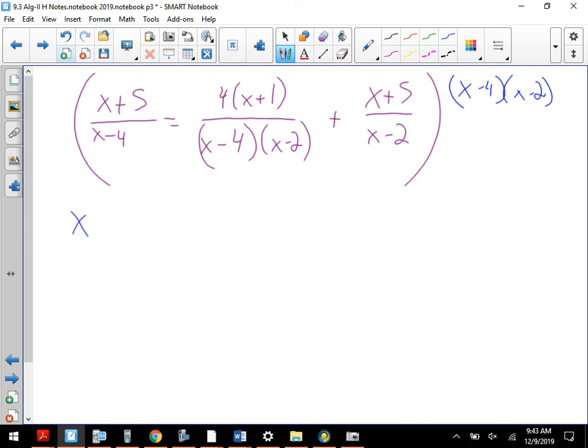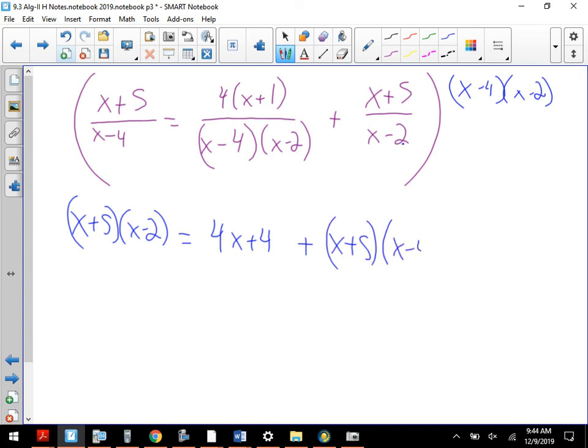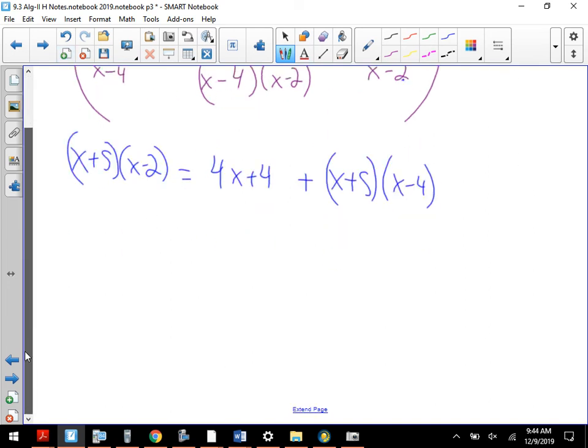So we have x plus 5, x minus 2 equals 4x plus 4. I'm just going to redistribute that in there because I know I'm going to have to do it anyway. And then the last one, we have x plus 5, and then that one has the x minus 2, needs the x minus 4. So distribute out some stuff, FOIL, combine like terms.